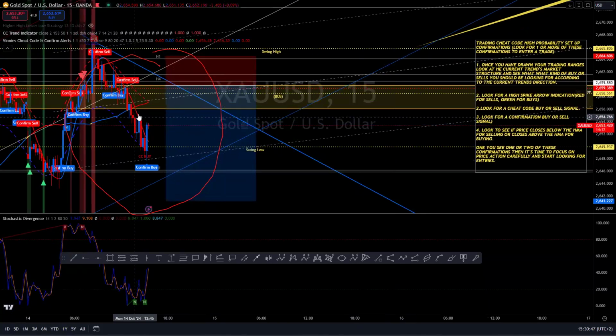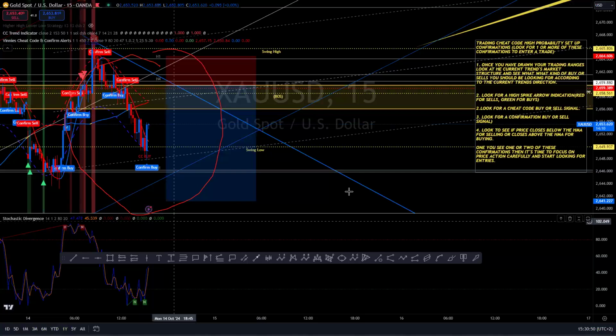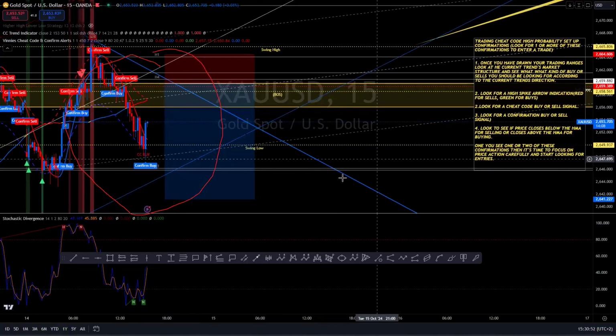I'm really looking for price to reject this area and go further down. That's what I'm really looking at.